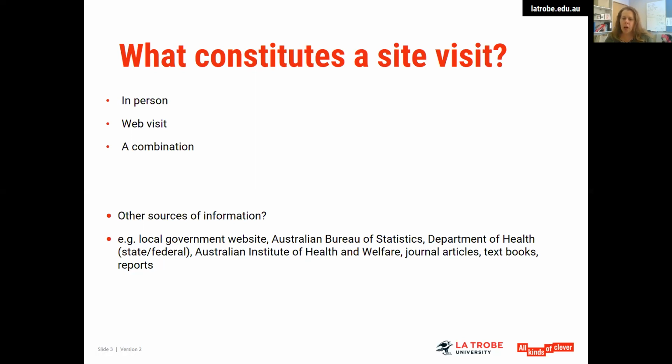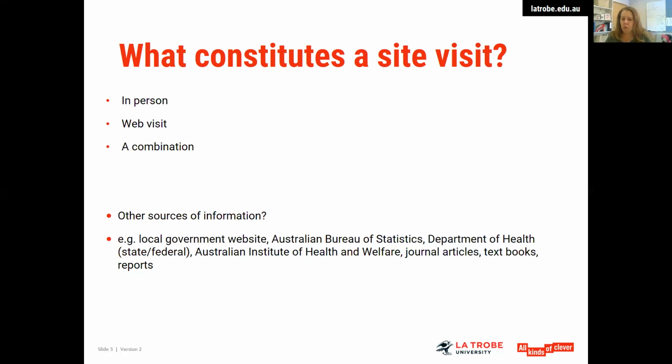The other thing is you can't get all of the answers that you need for this assessment just from going to the agency. You will need to tap into some additional resources. That might be, for example, looking at the local government website in order to identify the local government area.